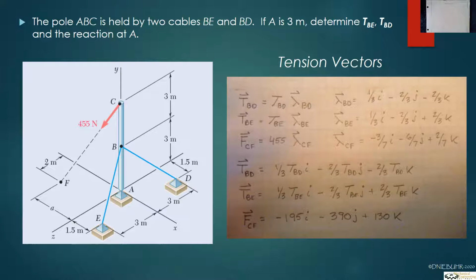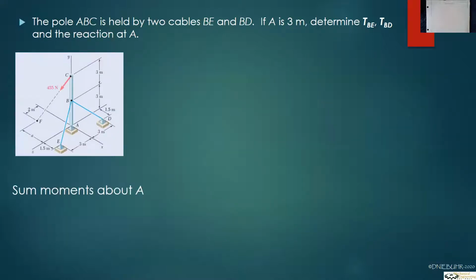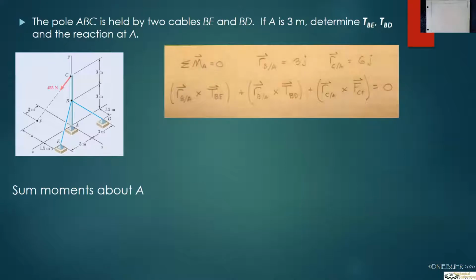So finally, we have our three equations. Obviously, TBD and TBE aren't known. Then the next step, we're going to pick a point to sum our moments about. Because A is a point of interest and it has three unknowns, it makes sense to sum our moments about point A. If we do that, we know that we need our R vectors.